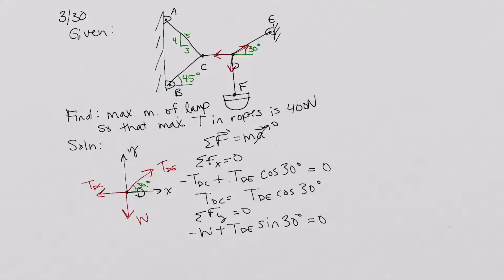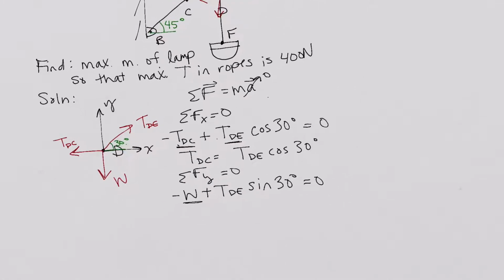All right, so now we basically have three unknowns, TDC, TDE, and the weight. And we're actually after the mass. So let's change this, so weight is W equals mg.